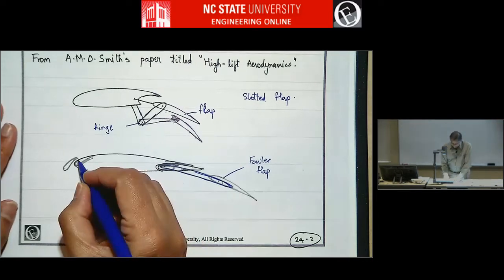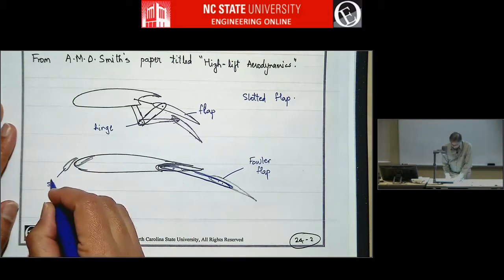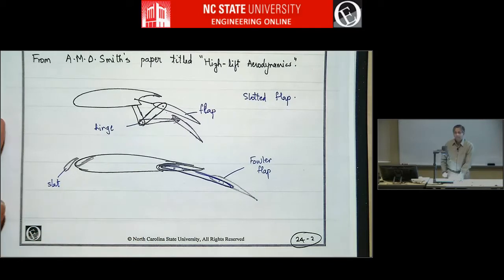And then you can also have a slat, a leading edge slat. This is a surface that's tucked in at the leading edge, and then it pops out when you want high lift. Almost all the time it is pilot controlled, so the pilot actuates the slat.